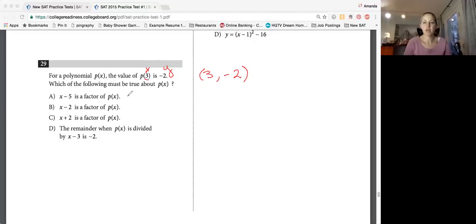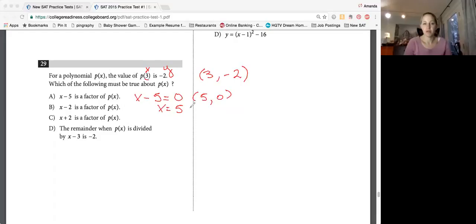Now if I look at what else must be true, x minus 5 is a factor. Factor means that it's a 0, right? So this means that x minus 5 equals 0, or in other words, x equals 5 when y equals 0. So our point for option A is (5, 0).